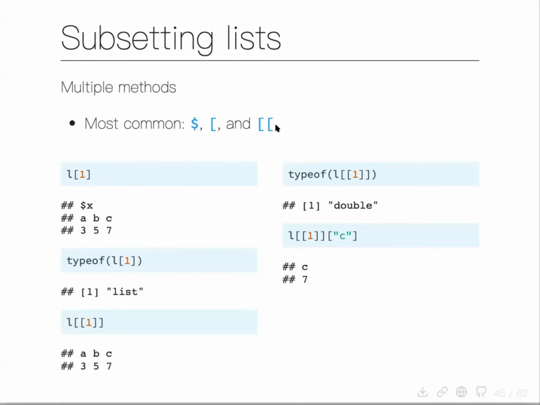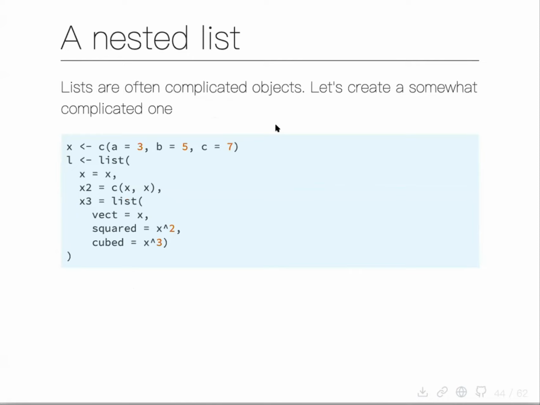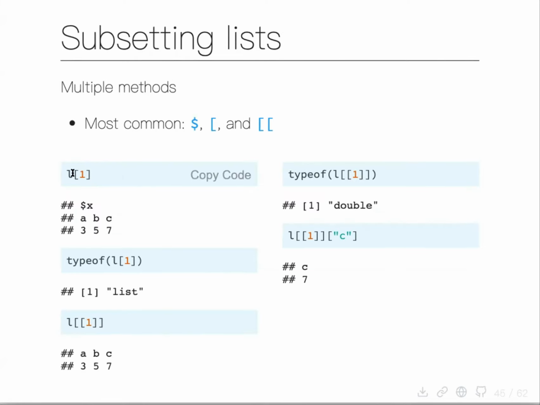So this is where it gets really confusing very often, right? Looking back here, X is this vector, right? The first element is just X, okay? So if I use L single bracket 1, I'll get the first element of the list in return. But now this is still a list, right? I'm subsetting the list, so I'm getting the first element of the list.